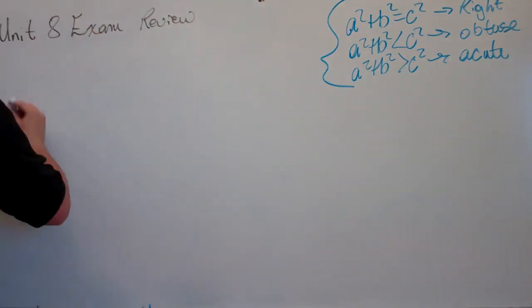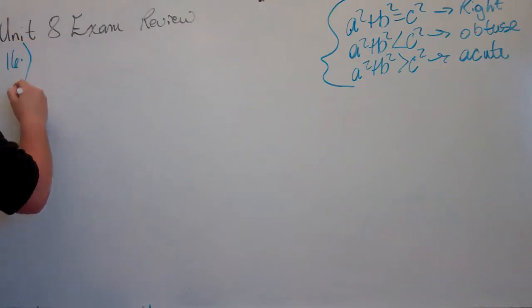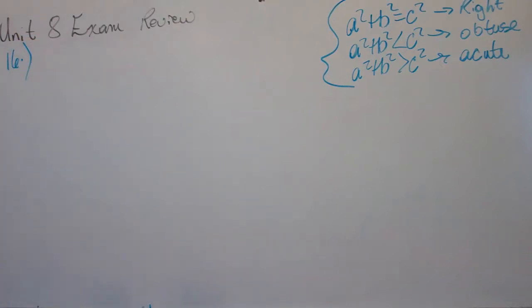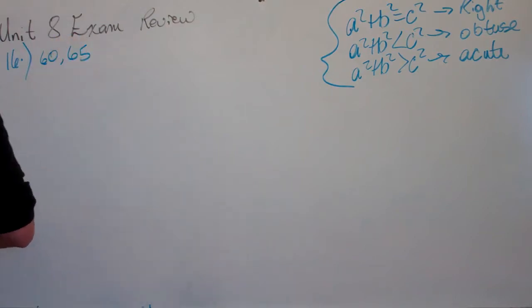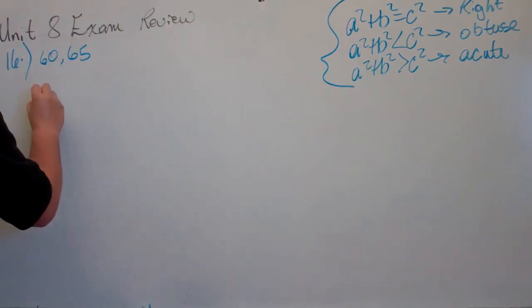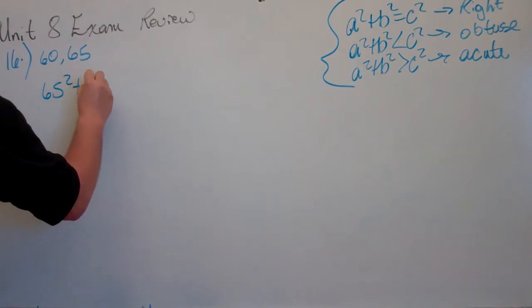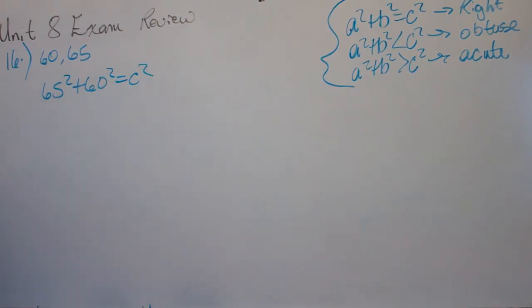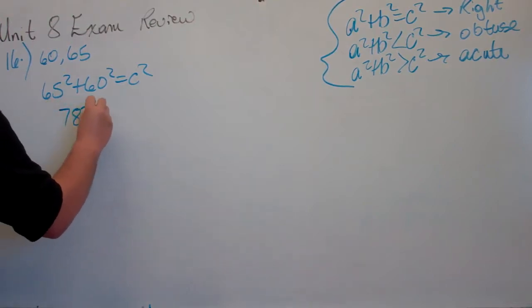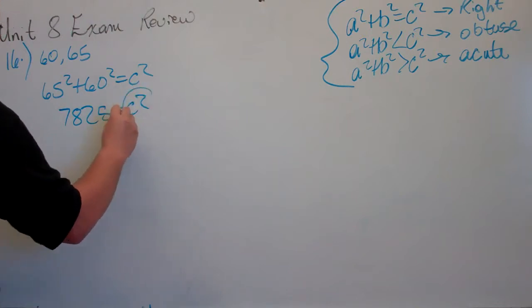Now let's do number 16, the last one of these type. We have 60 and 65. So 65 squared plus 60 squared equals c squared. So 7825 equals c squared.